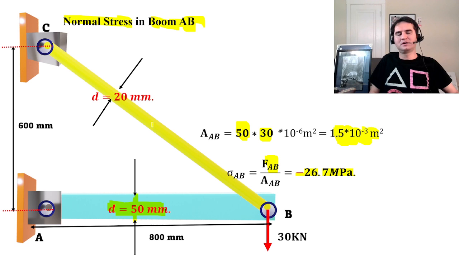The rod has a positive 50 kilonewton force, and boom AB has a negative 40 kilonewton compressive force. So stress at boom AB is force over the area, and if you do the math, it gives you a negative, because the force was a compressive force, negative 26.7 megapascal.